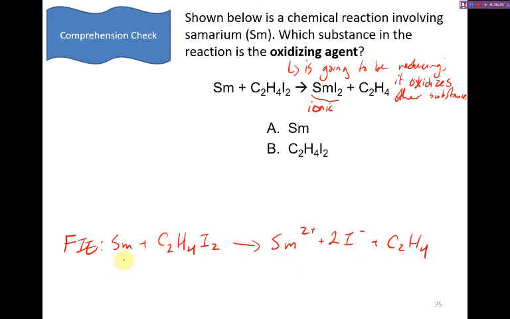So when we take a look here, we see that samarium is going from 0 to plus 2. That means that the samarium must have lost 2 electrons. And so this process is the process of oxidation.